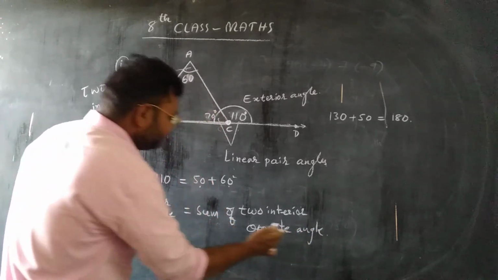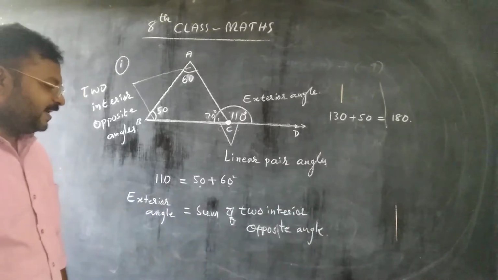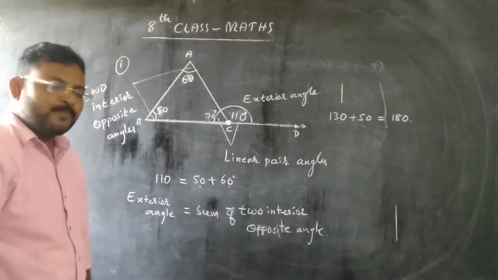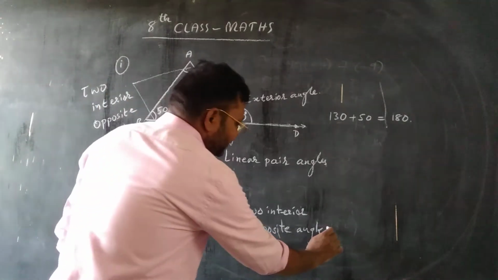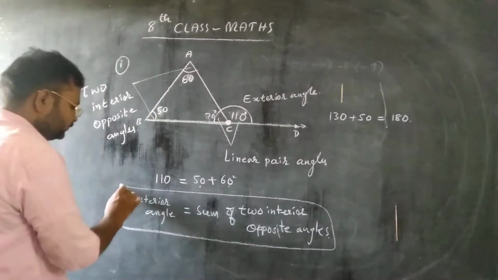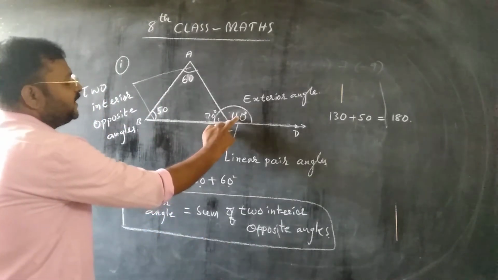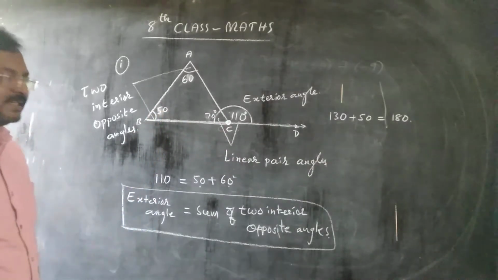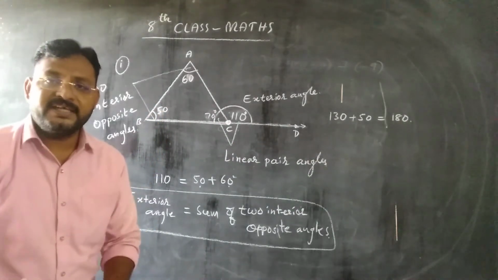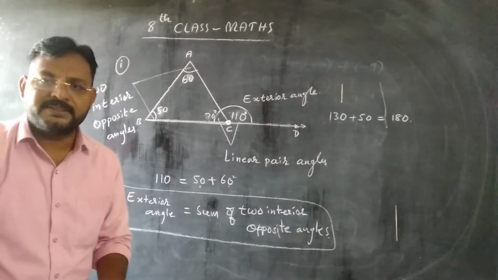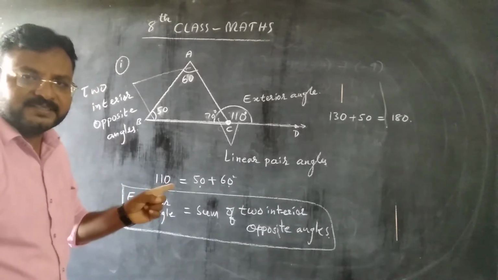So this is a very important property. Exterior angle equals the sum of two interior opposite angles. Please note down this formula. This is the most important formula. By using this property, we are going to do some problems. I hope you understand this theorem.